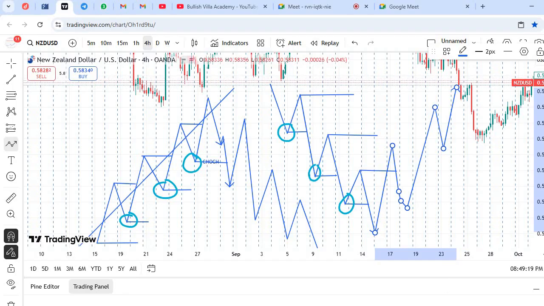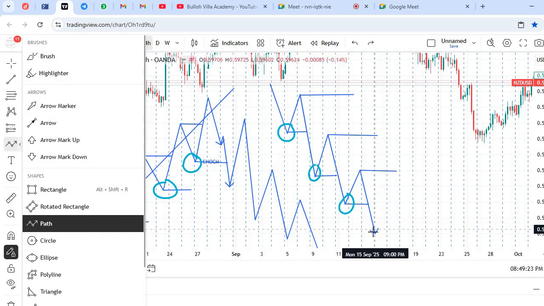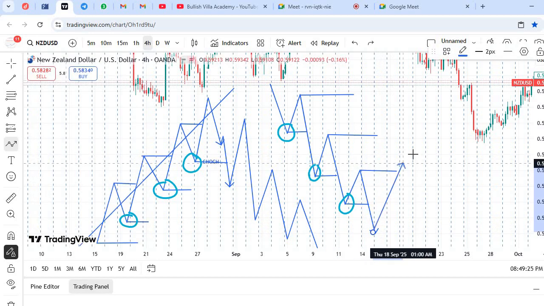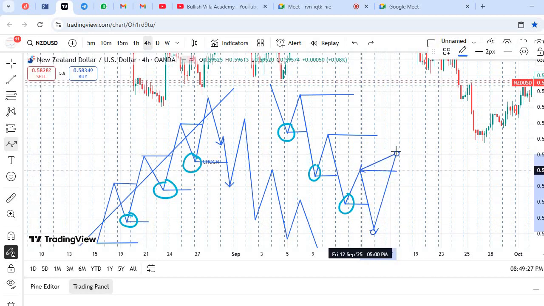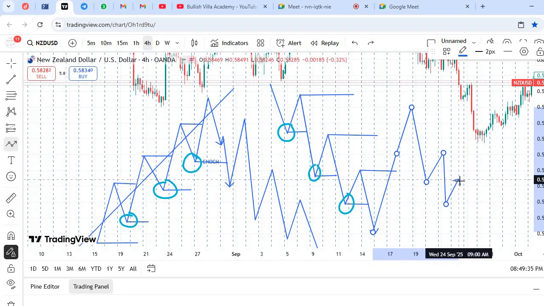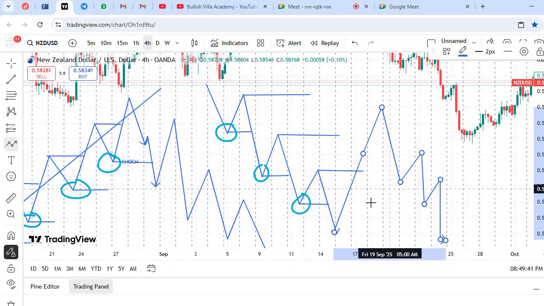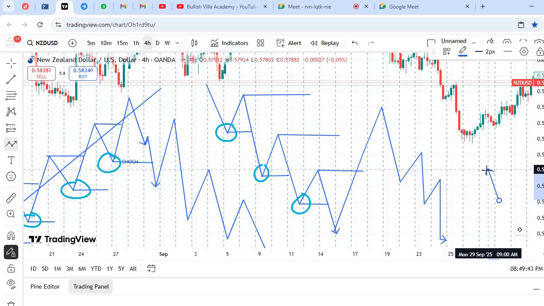Now the second thing that price might do is, if price took out this high and even comes again and takes out this high again, then starts going down and takes out this last low, that means there was no change of character.